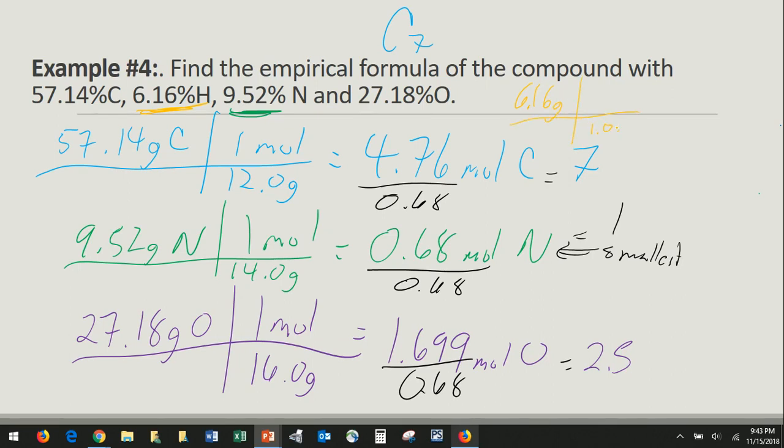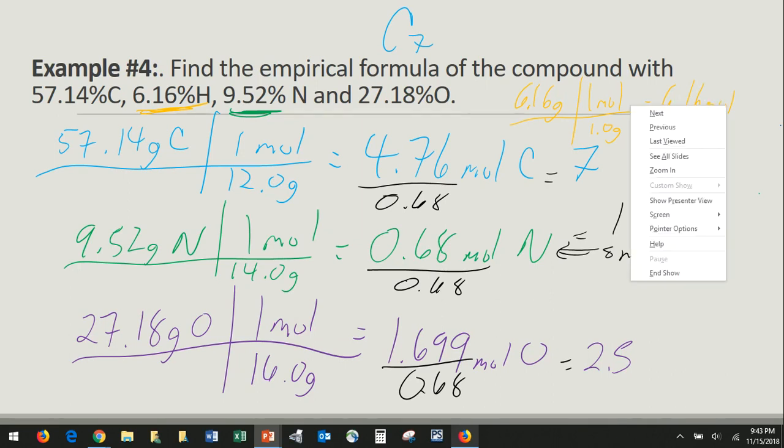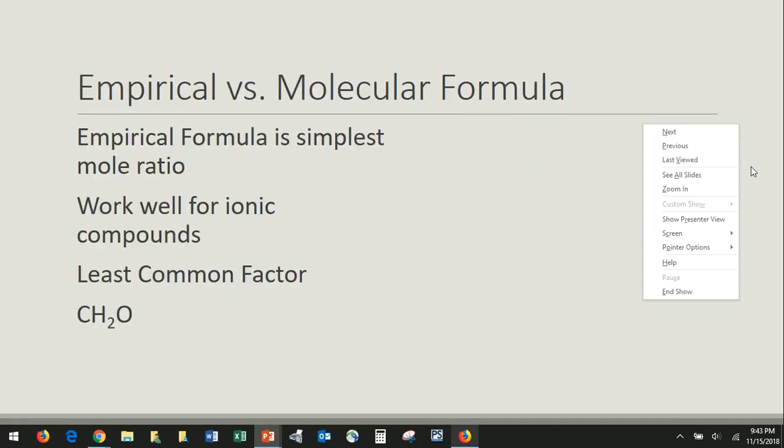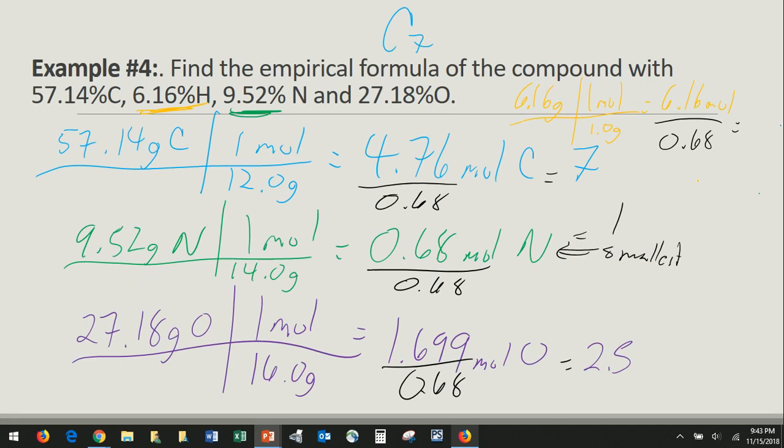So that's 1 gram and 1 mole of hydrogen, which gives me 6.16 moles. And then we're going to divide that by the lowest number, which is the 0.68. And that's going to give us, for hydrogen, 6.16 divided by 0.68 is 9. So that's going to give us 9.